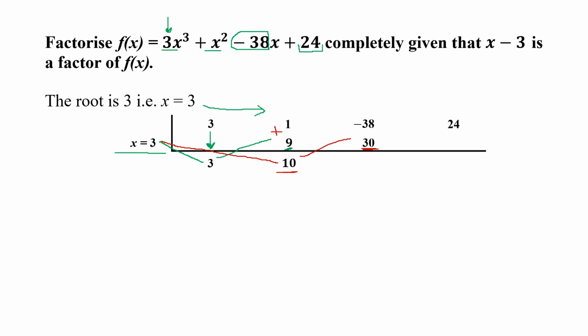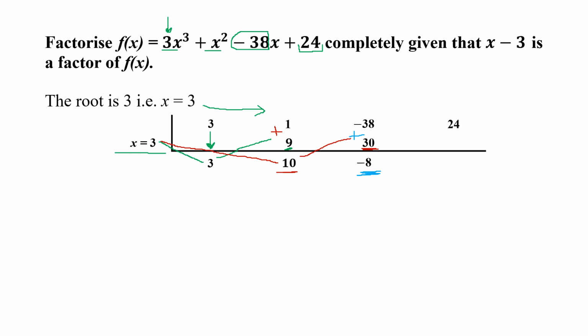Now, to find the next number under this 30, we add minus 38 and 30 and we get minus 8.